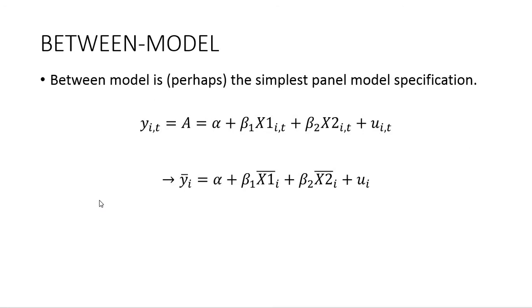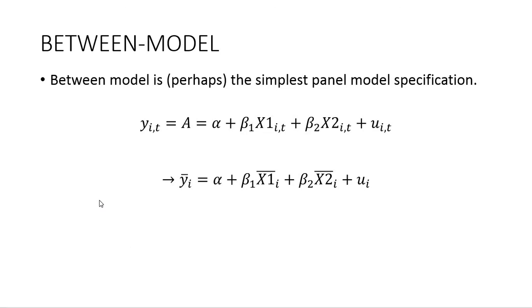In this case, of course, we completely neglect time variation. So we would be unable to assess the effect of an increase in GDP or, let's say, productivity over time. We take averages and then we estimate the average values like a usual cross-sectional model.